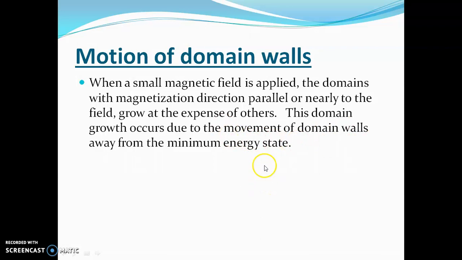This process is called motion of domain walls. This growth and shrinkage happens through movement of domain walls. This is the first step.